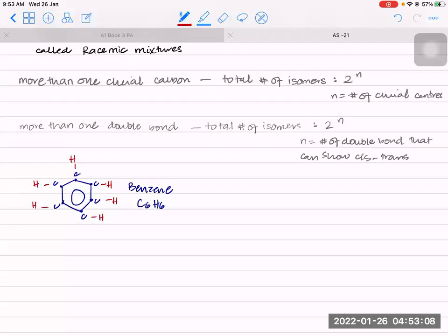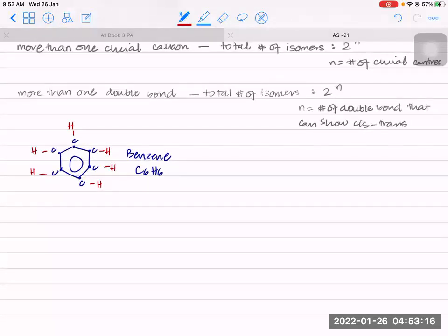So you have C6H6. Now, if you look around this, none of these carbons in the benzene ring are chiral. So you should know there is no chiral center or chiral carbon in benzene.